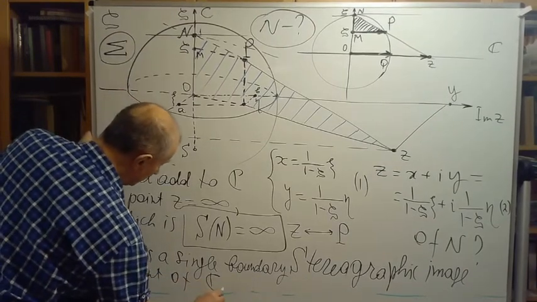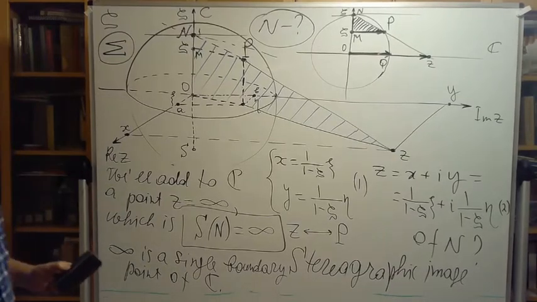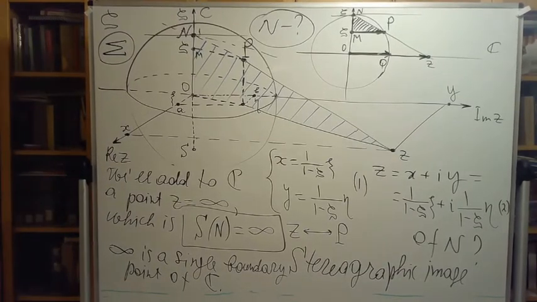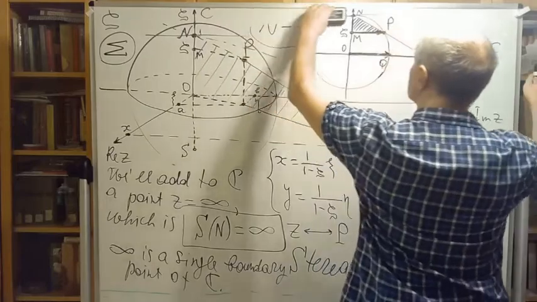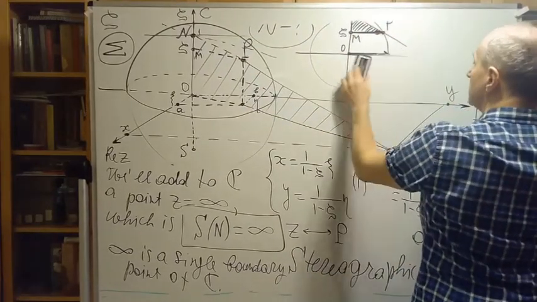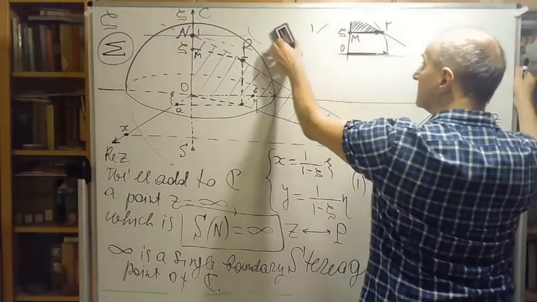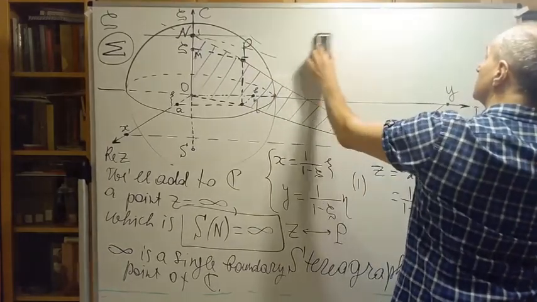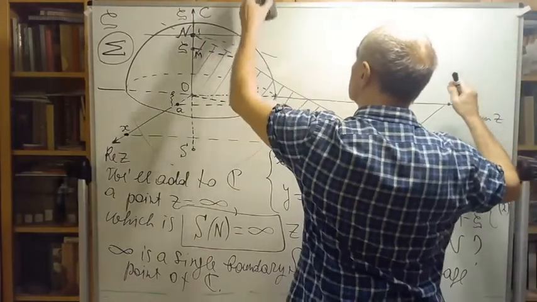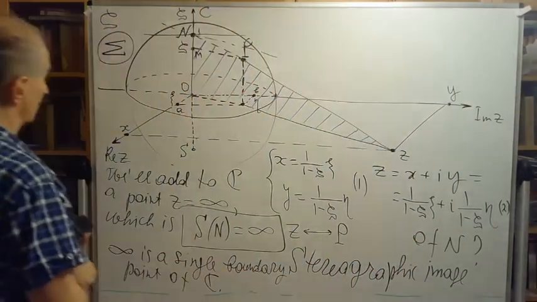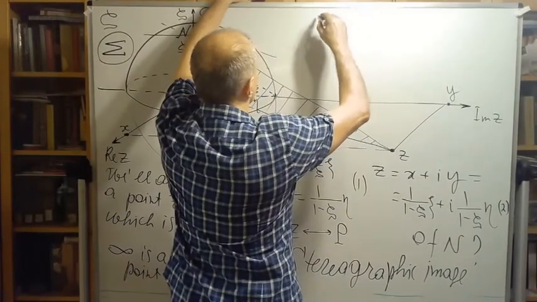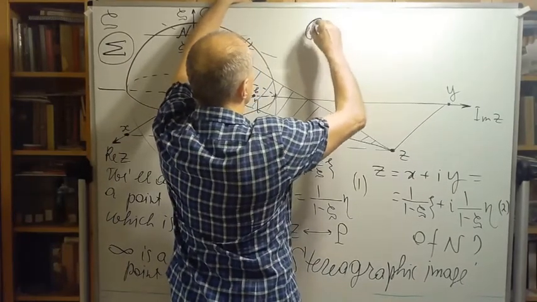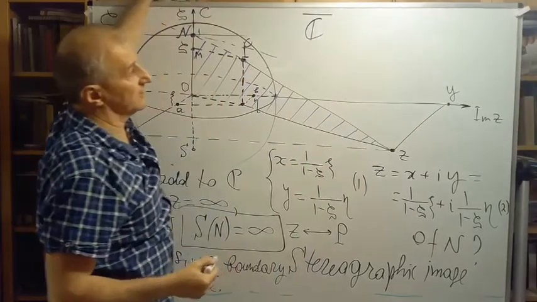And now let's introduce a new notation, a new complex plane, better than the previous one. The complex plane, you will call it C with a bar above it.